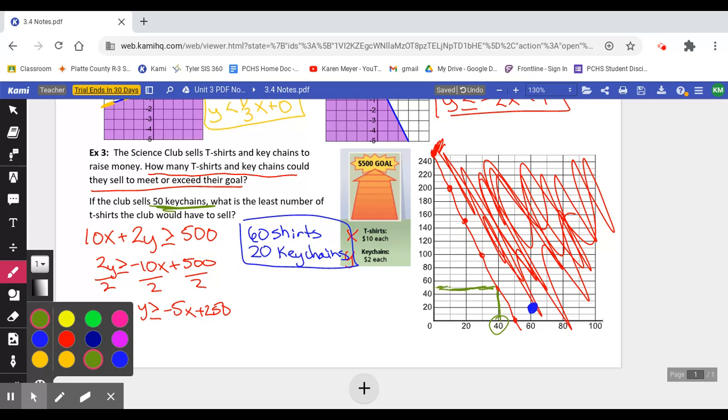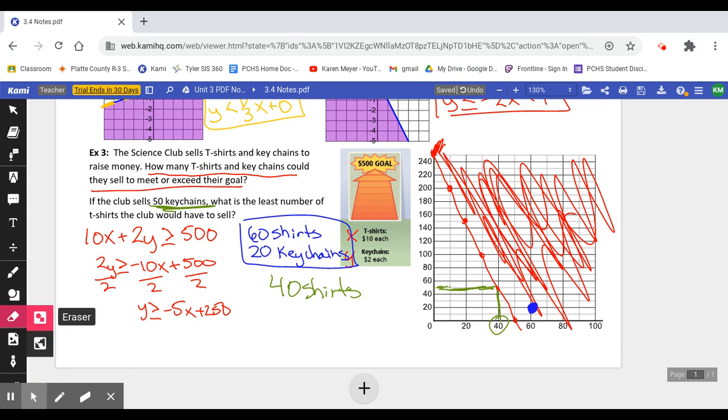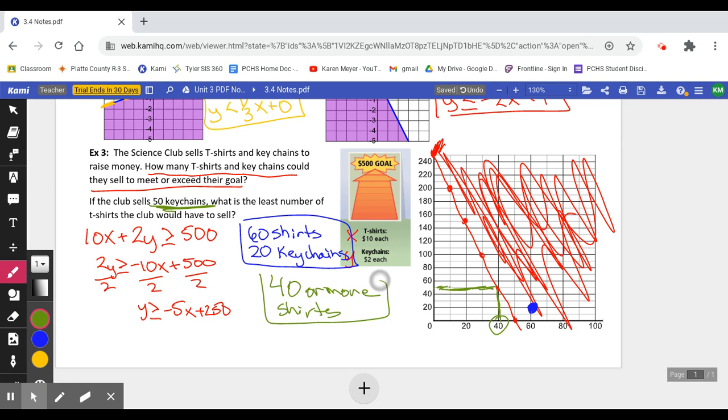So if we sell 50 keychains, what is the least number of shirts they would have to sell? That would be 40 shirts. So they could sell 40 or more shirts. So I'll put 40 or more shirts. Okay, that's it.